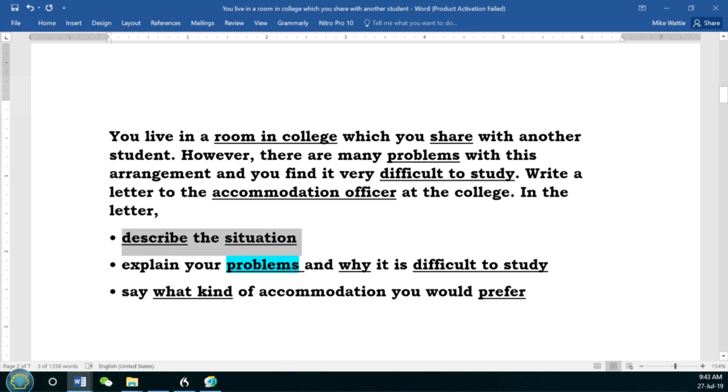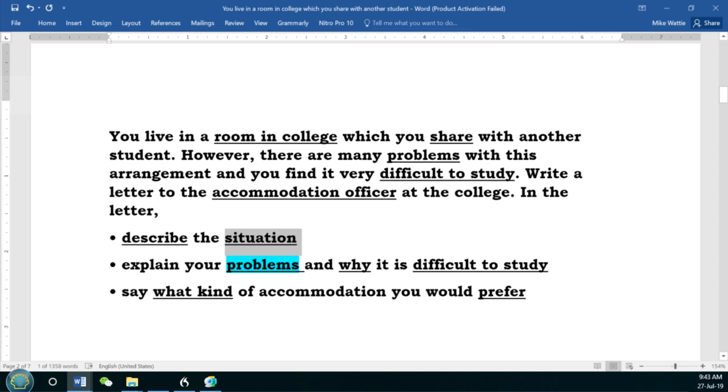The candidate describes the situation and does a good job of this, and in doing this really answers the second question about the problems. You see, these two questions could be very similar. Situation and problems could be the same. So if we read this here and then start describing the situation, we might be describing why it's difficult to study, what the problem is.